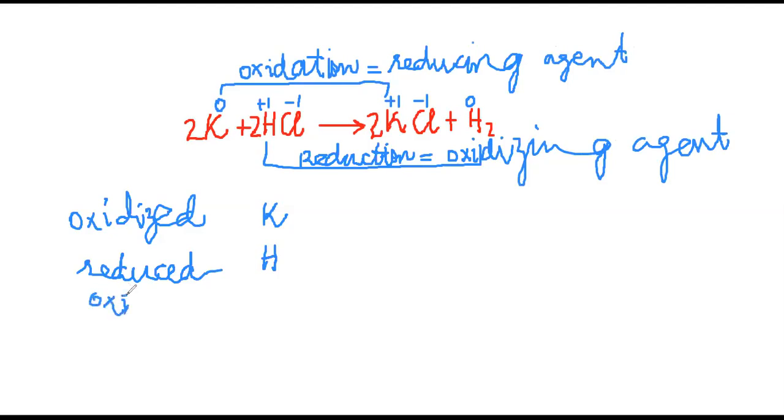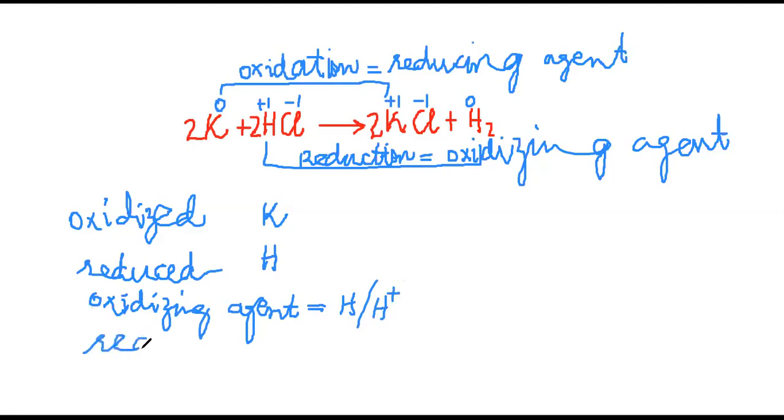H positive one. Sorry guys for writing through mouse. So the oxidizing agent is hydrogen, or we can say H positive ion. And the reducing agent is potassium.